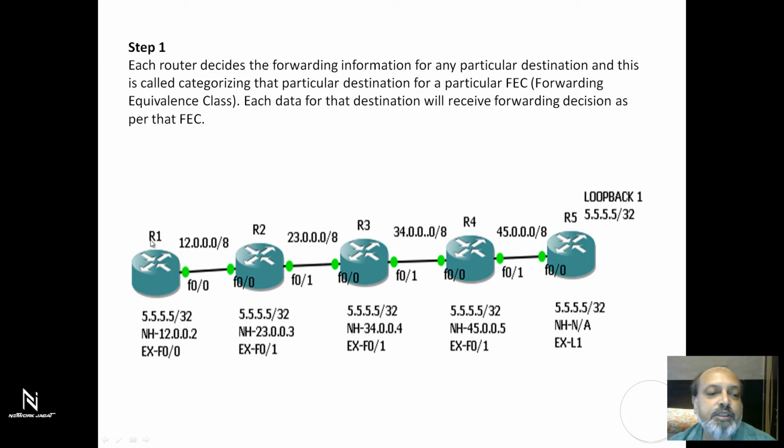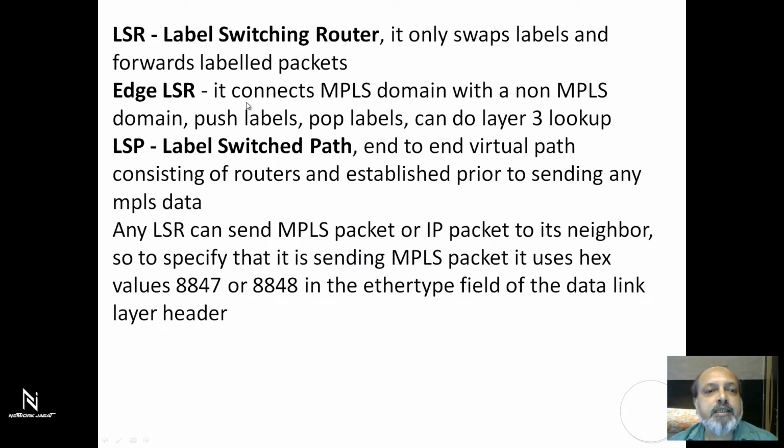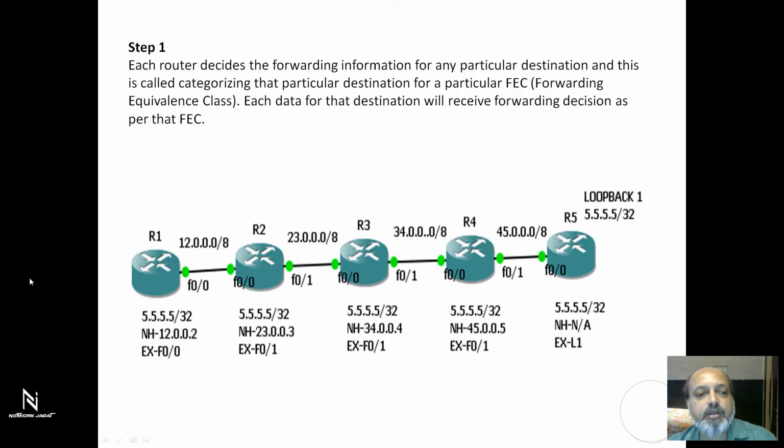Now what about these edge LSRs? The edge LSR, as I have already discussed, connects the MPLS domain with a non-MPLS domain, and it will push label, pop label, and can do layer 3 lookup. That means whenever data is entering the MPLS domain, R1 will push, or rather attach, a label to that data.